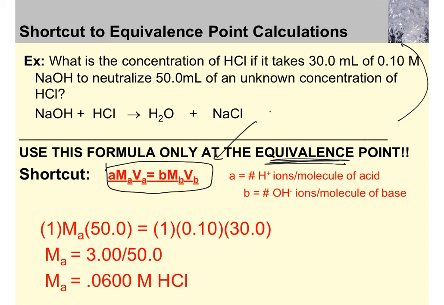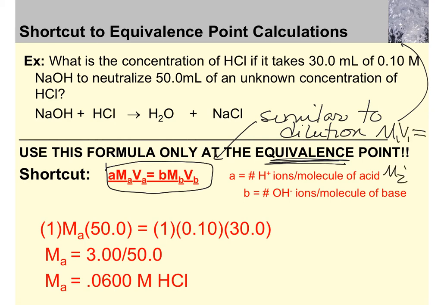Now, this looks very similar to the dilution formula we have used, which was M1V1 equals M2V2. But there's a very important difference that I want to point out and I want you to make note of. You notice this little a in front of the left side and the b in front of the right side? That's critical.